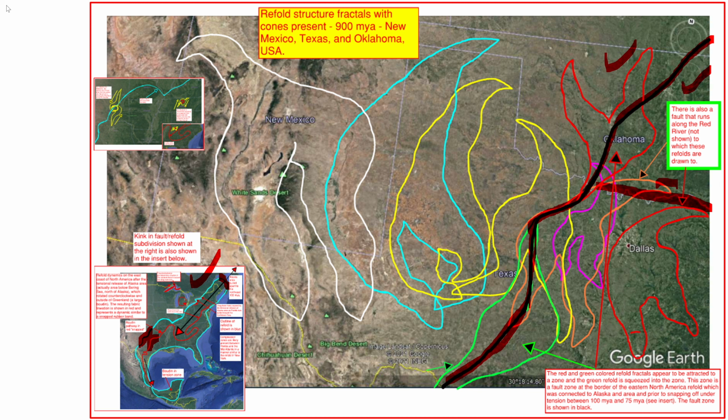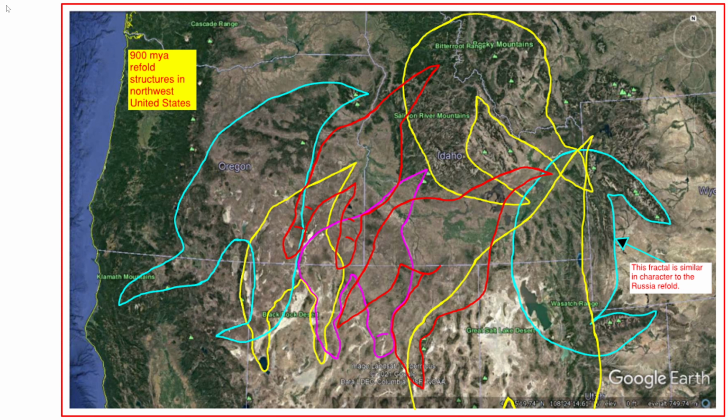Okay, these are refold structures in Northwest United States. As you'll see on the next slide, you're going to see other ones with a different scale. Now, the one that's unique here, pointing out here, this fractal is similar in character to the Russia refold. So the Russia refold, one outlined in blue, that's actually a subdivision of Rodinia. The original Rodinia was shaped as such. So I'm drawing a picture here on the upper right.